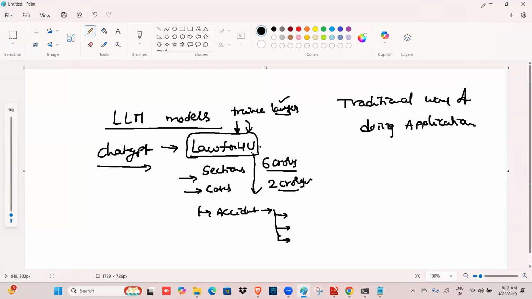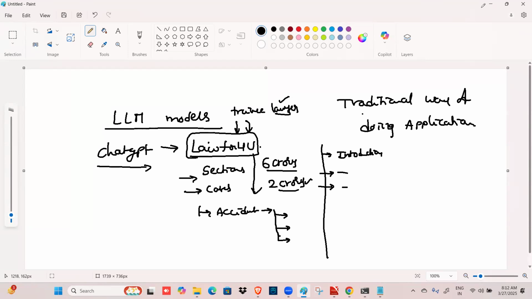Here, Law For You will give complete instructions like what is the introduction, what is law. Like everything we are going to provide here: introduction, what are the sections, and how each section is going to work, with different subfields inside this application.